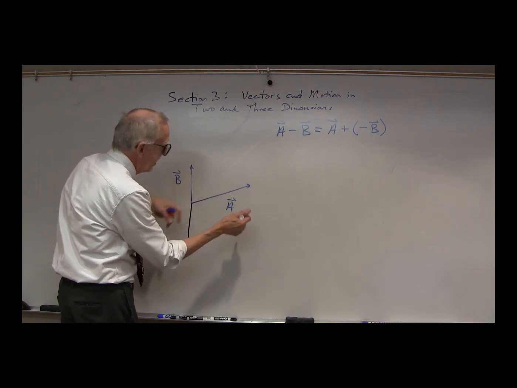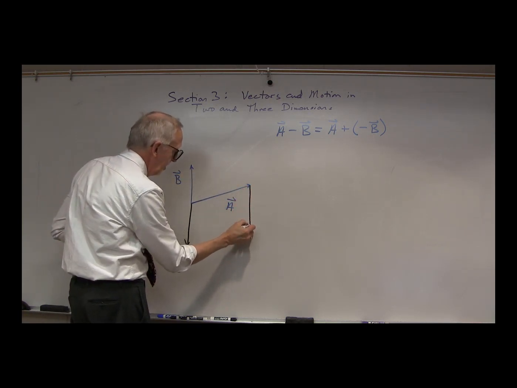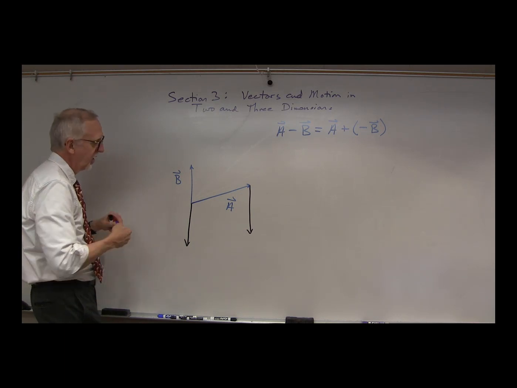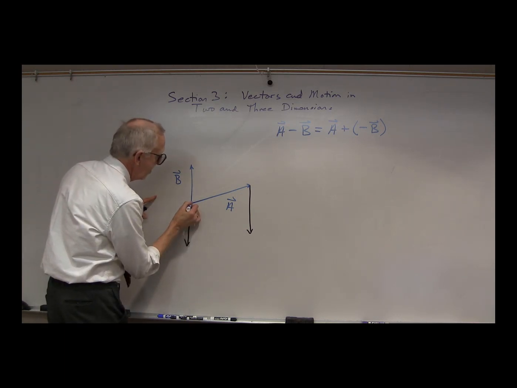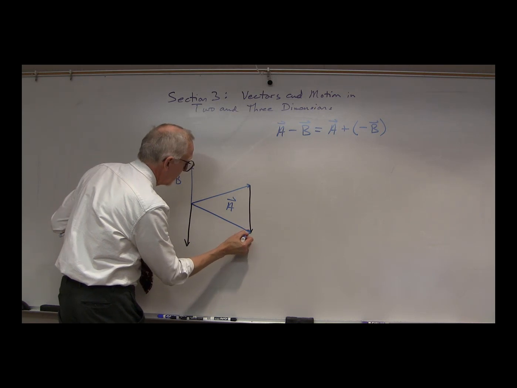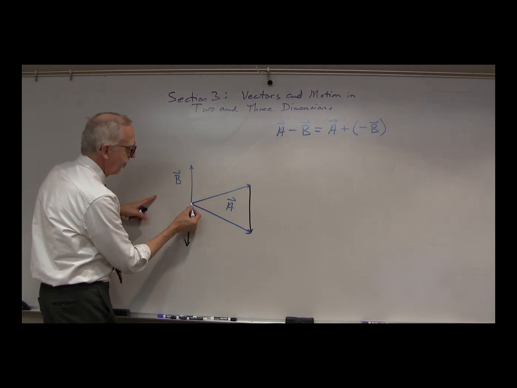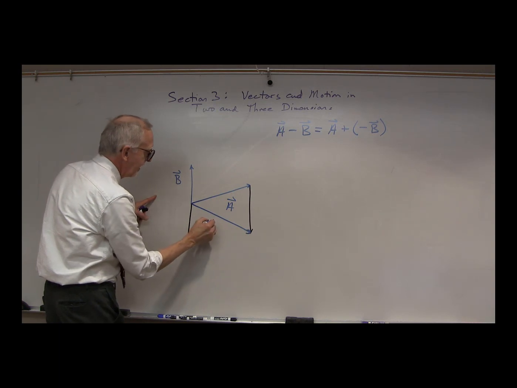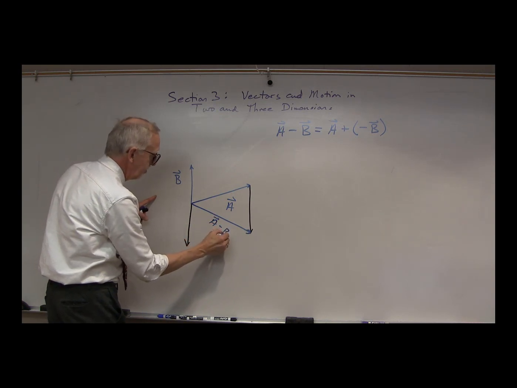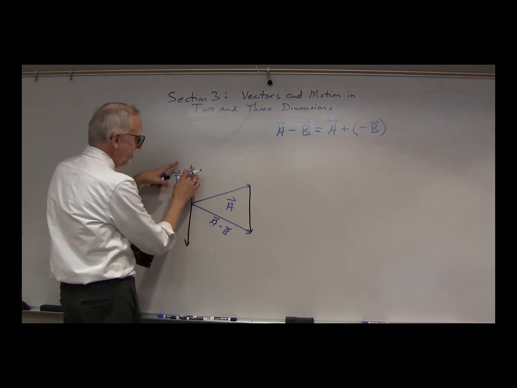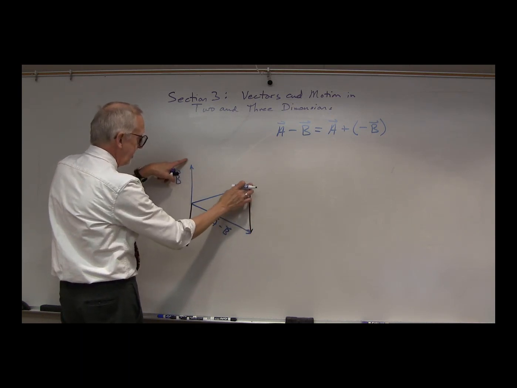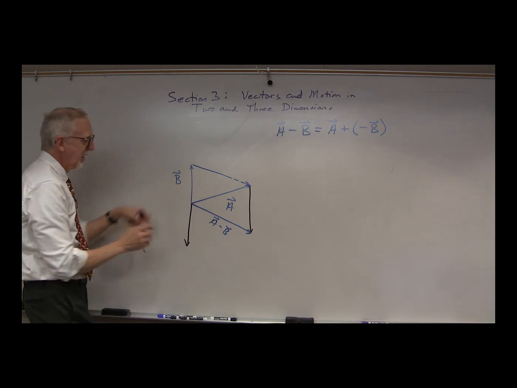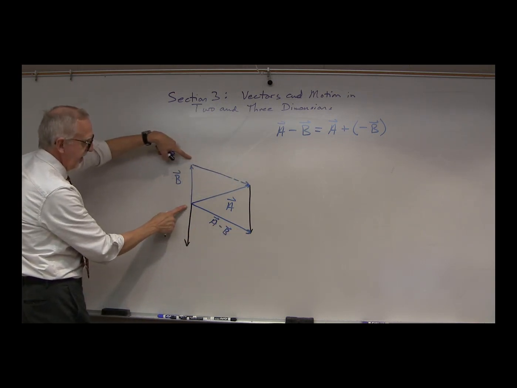So we bring this over here, like that, and the vector that goes from the tail of a to the tip of negative b is the vector a minus b. Well, you can imagine that that is the same direction as going from the tip of b to the tip of a, like this.